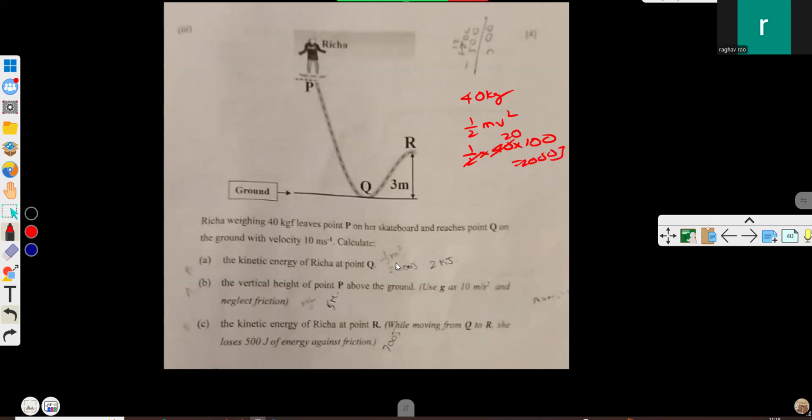So the answer is 2000 joules or 2 kilojoules. Then for the vertical height, mgh is equals to 2000. Mg is nothing but 40 into 10, into h is equals to 2000.